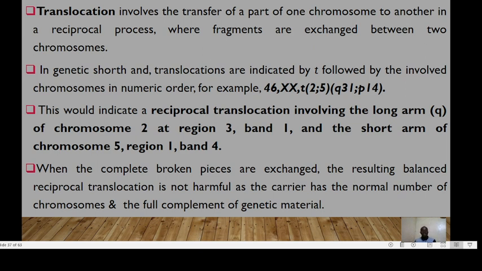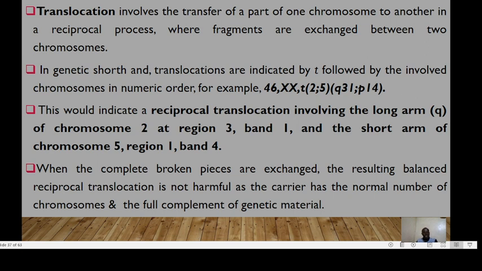exchanged between two chromosomes. In genetic shorthand, translocations are indicated by t followed by the involved chromosomes in numeric order. For example, 46,XX,t(2;5)(q31;p14) will indicate a reciprocal translocation involving the long arm of chromosome 2 at region 3 and band 1, and the short arm of chromosome 5, region 1 and band 4.